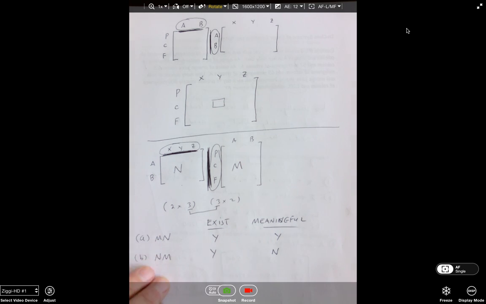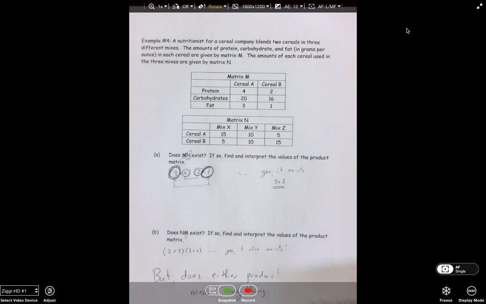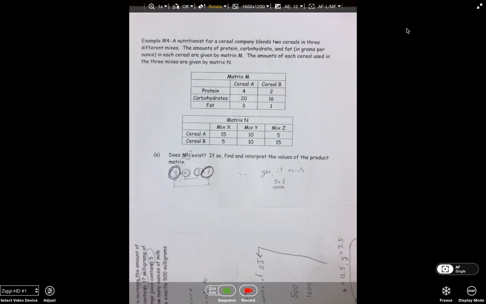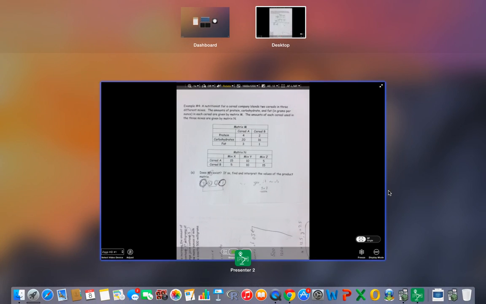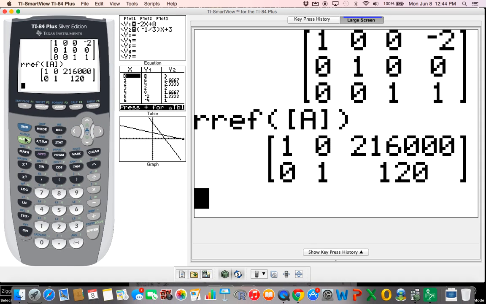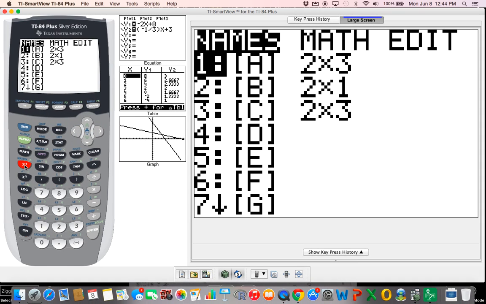So gang, what I want to do is find the matrix. The easiest way to do that is use your calculator. So let's do that. I would set up, you can use M and N, but I'm just going to let matrix M be the first matrix.